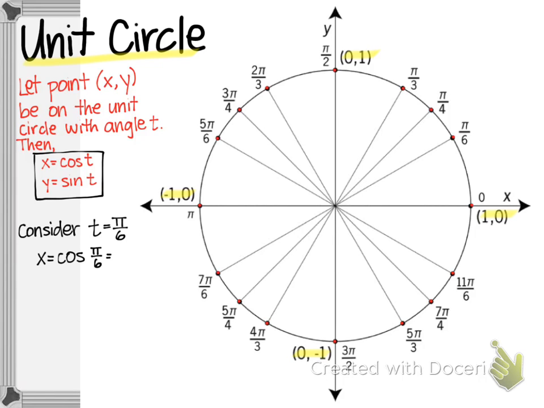Well, cosine of pi over 6, we just saw, was square root of 3 over 2, and sine of pi over 6 was 1/2. So at that angle t of pi over 6, that point right there has coordinates of rad 3 over 2, comma 1/2, because the x coordinate corresponds to cosine and the y coordinate corresponds to sine of that angle.